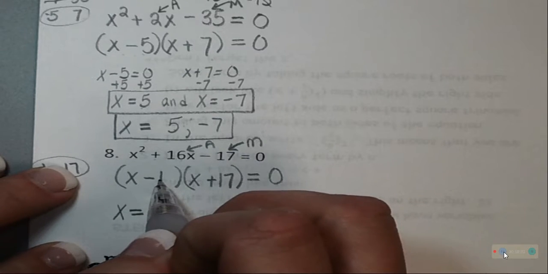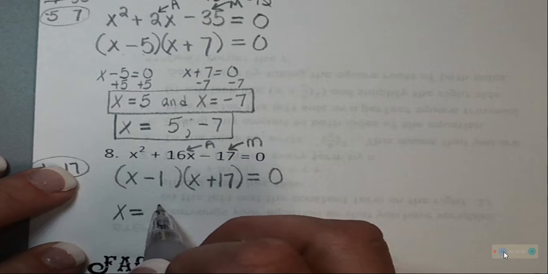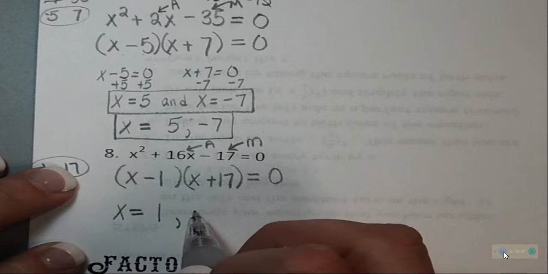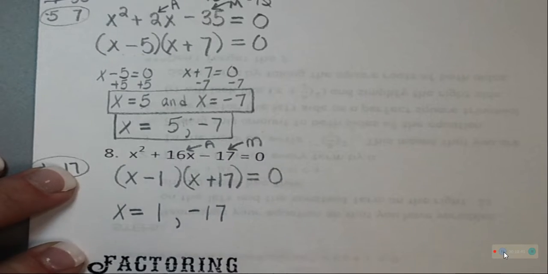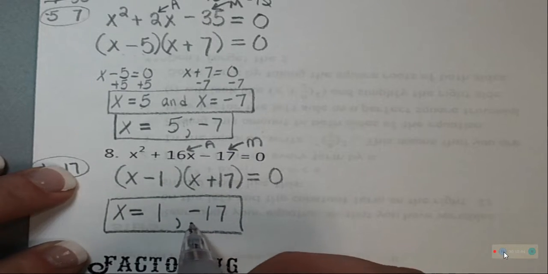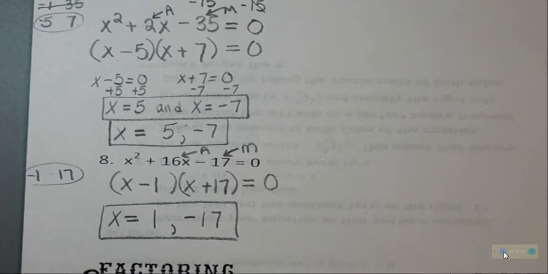I'm going to pull this out of the parentheses, and negative 1 becomes positive 1, and positive 17 becomes negative 17. I can write them with an "and" between, I can write them with a comma, but I cannot put parentheses around them.